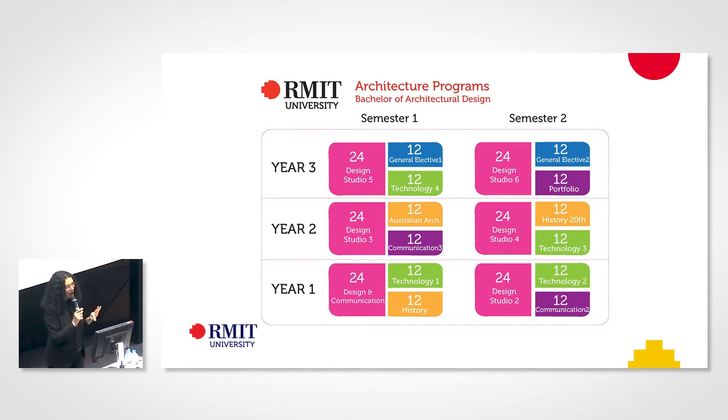When you come into RMIT Architecture, it's our intention to keep the student at RMIT and to offer you, as best we can, entry into the master's program. If you achieve a particular GPA, you will automatically be offered a place in the master's program.